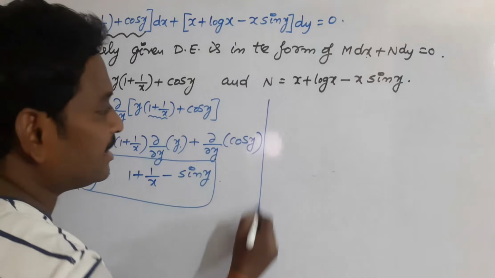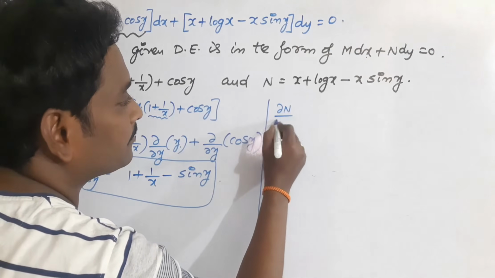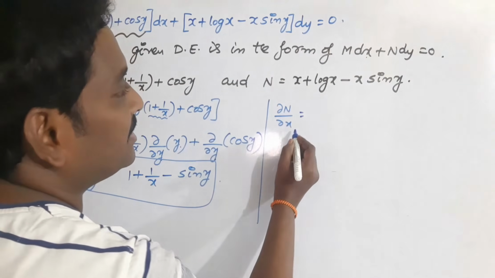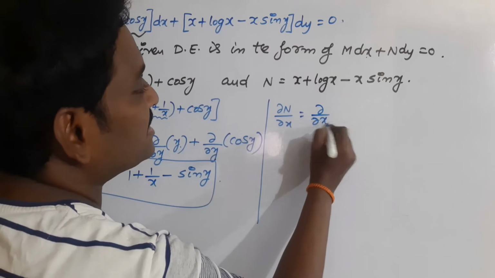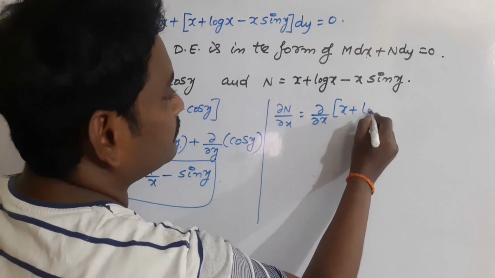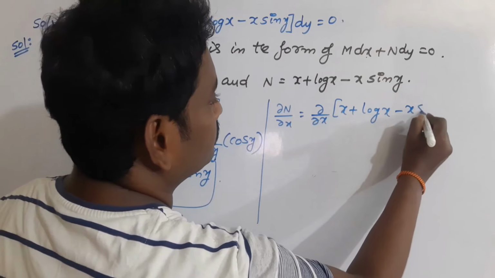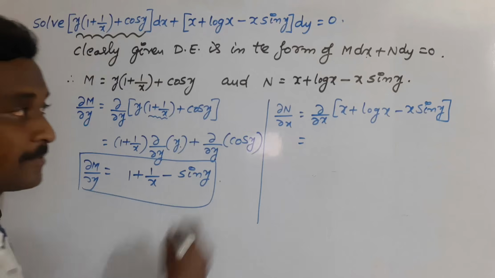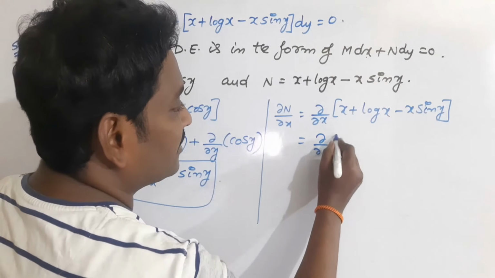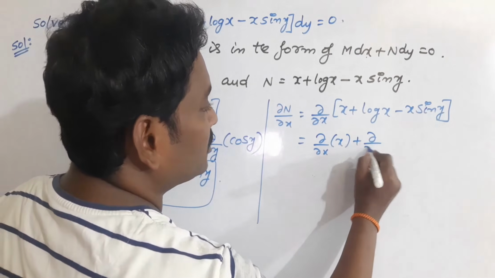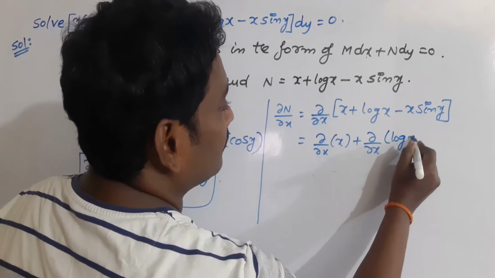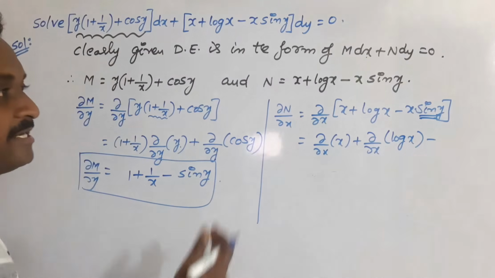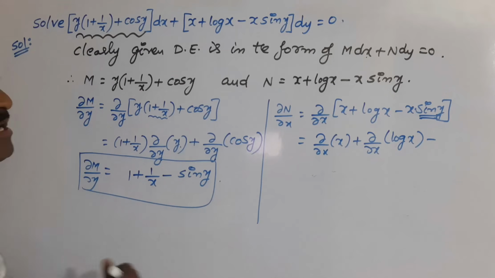On the other hand, you should find ∂N/∂x. In this case, only x is the variable. Separate the terms: ∂/∂x of x plus ∂/∂x of log x minus, here sin y is constant which is in product, so take the sin y term outside of the differentiation.